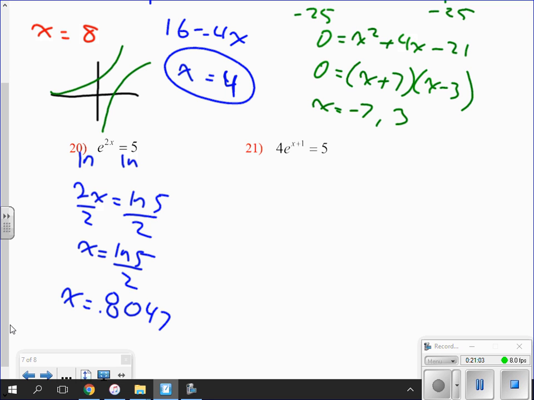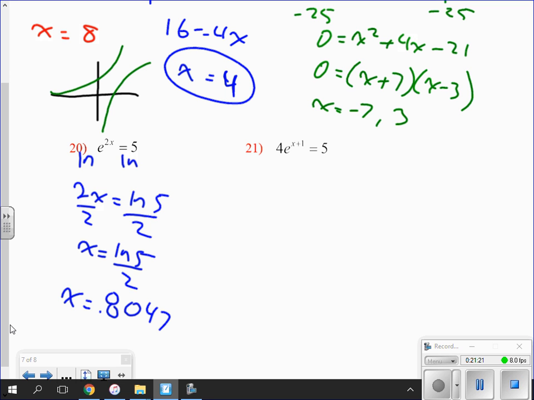If you did the natural log of 5 divided by 2, typed it all in at once, here's what happened. Your calculator took 5 divided by 2 and then took the natural log of 2.5. That's what happened if you did not get that.